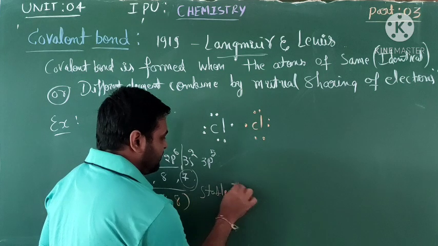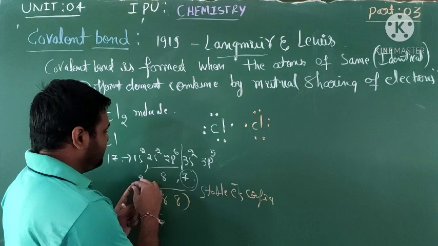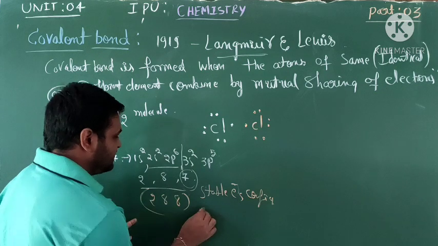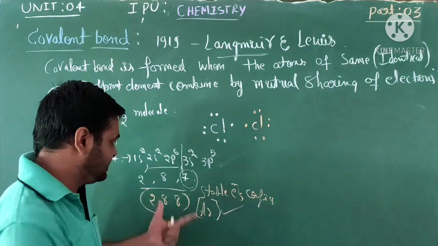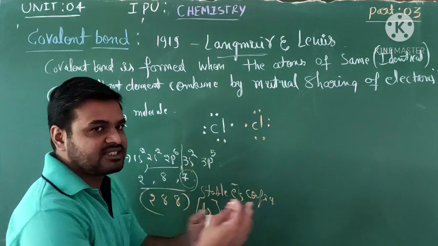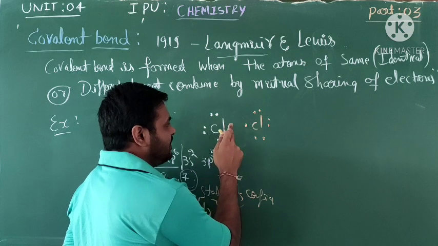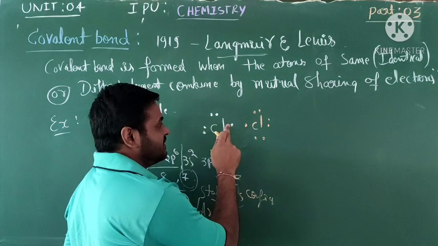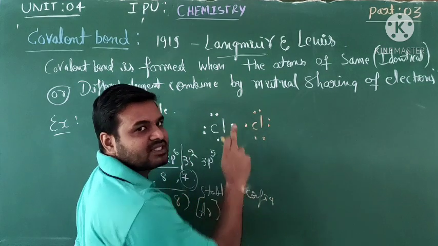Stable electron configuration is formed, forming an octet, which gives the argon-like stable electron configuration, right? So we need to share only one electron, only one electron shared with the other chlorine atom.